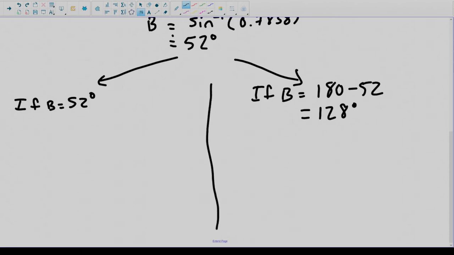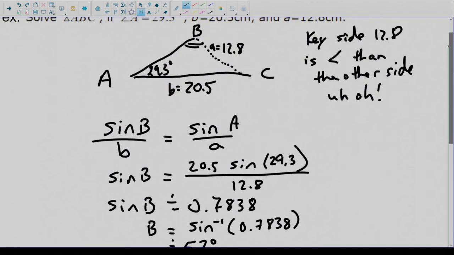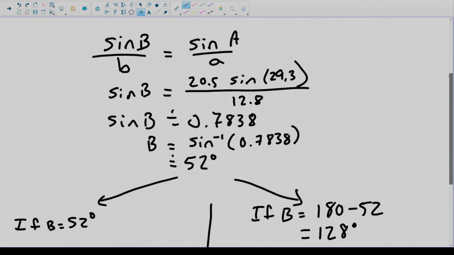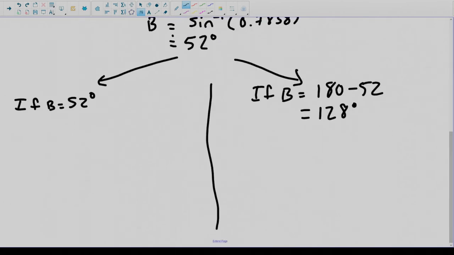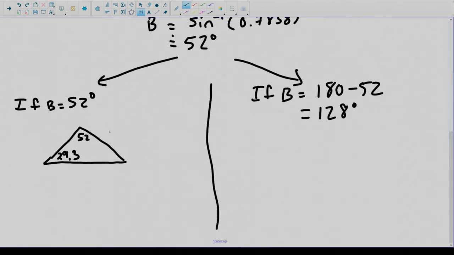All right. So if we look at my original picture here, if B is equal to 52, we've got 29.3 in this corner, 52 in this corner, and we also have a couple of side lengths there. We have 20.5 and 12.8.